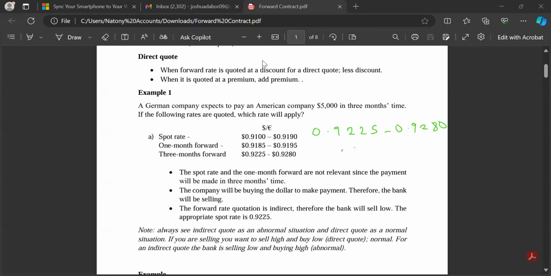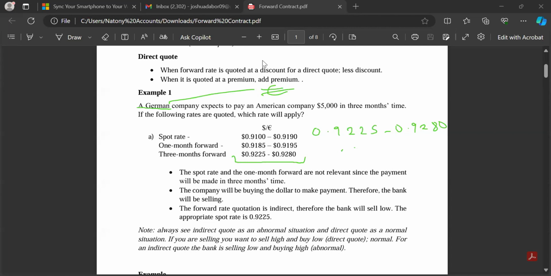Remember from the previous lecture, the first thing you want to determine is the quotation. Is it a direct quote or an indirect quote? The company is a German company, remember? And the local currency for the German company will be the euro.